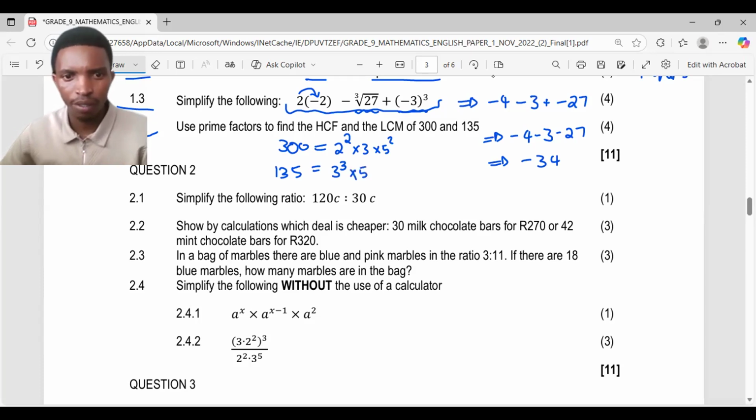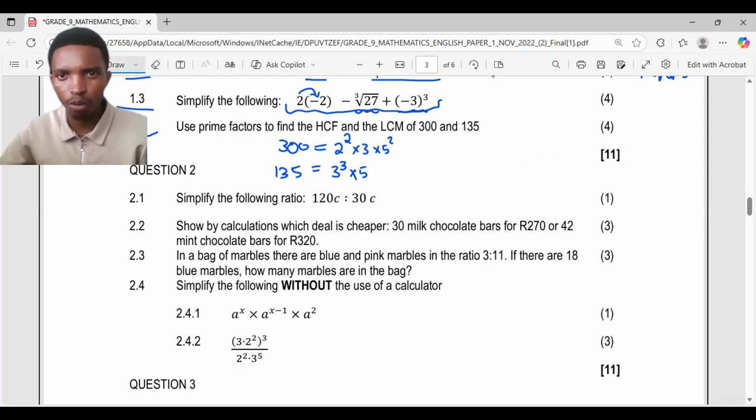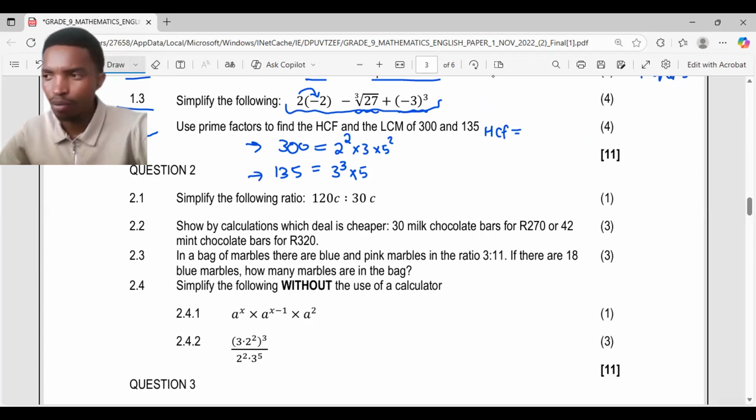Okay. So now remember, for us to find the HCF, HCF is highest common factor, right? So for the highest common factor, which numbers are common in 300 and 135? 3 and 5.